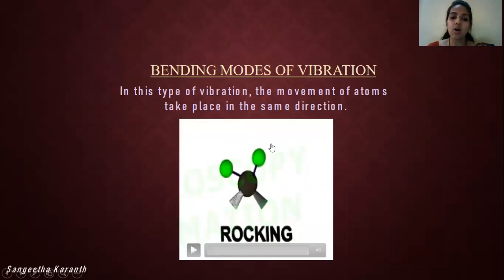That is, bending occurs towards the same side. One more thing we have to observe is that the bending occurs in the same plane as that of the central atom. So bending occurs in the same plane as well as in the same direction. The two atoms are bending in the same direction.